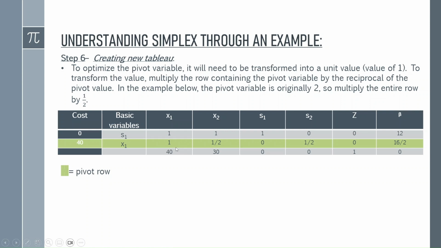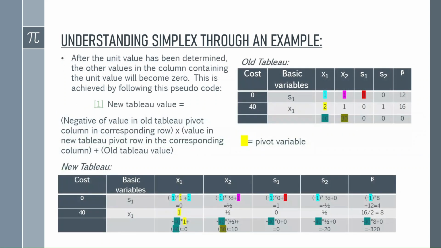So this is achieved with the row operations, and we follow the algorithm that we previously discussed. After the unit value has been determined, the other values in the column containing the unit value become 0. This is achieved by following the pseudo code, which is mentioned before.